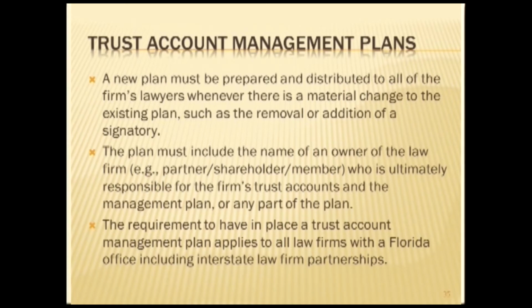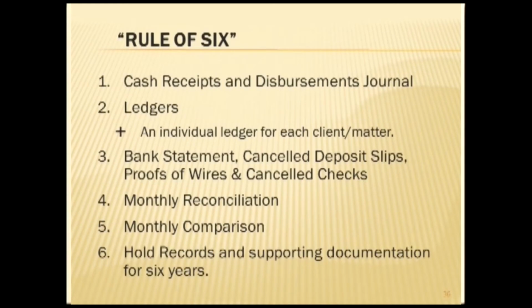The requirement to have in place a trust account plan applies to all law firms with a Florida office, including interstate law firm partnerships. There is a rule of 6 in all trust accounting rules from state bar to state bar and including the ABA.